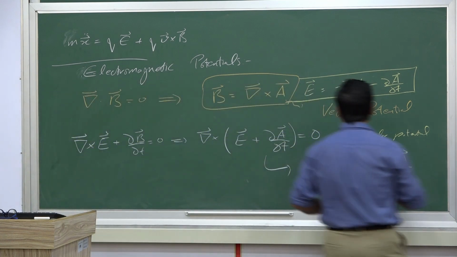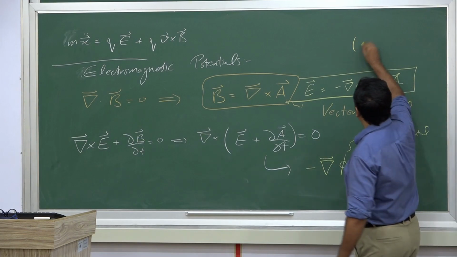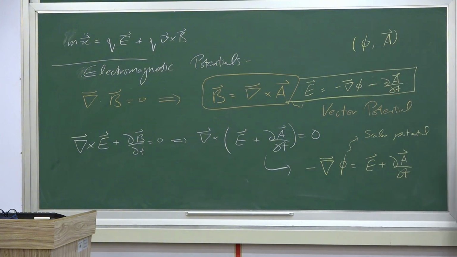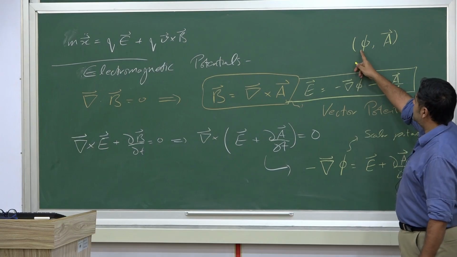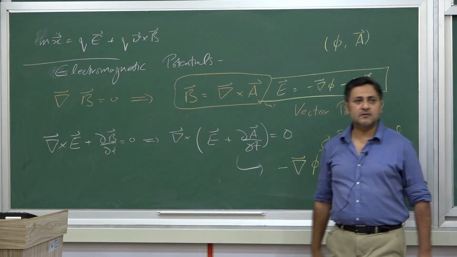So now your problem has become that you have this set of fields. Instead of 6 components, now I have 4 components, which I have to solve for. And what is the dynamics which governs them? I put these back into the other sourced equations.